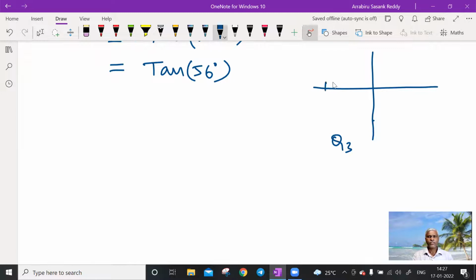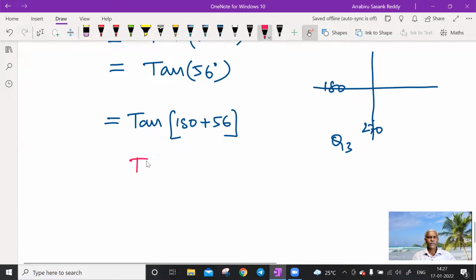The angle is between 180 and 270. The angle should be in between this, so convert this into tan theta equal to tan of 180 plus 56.